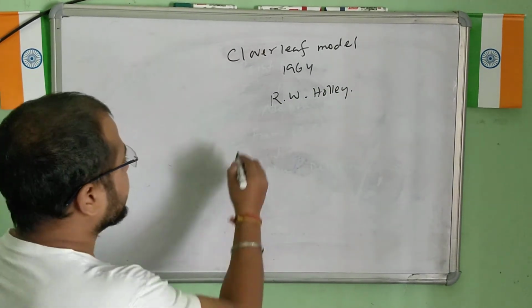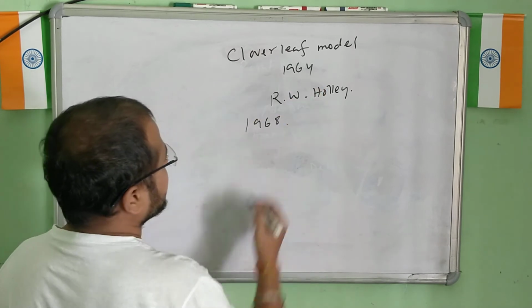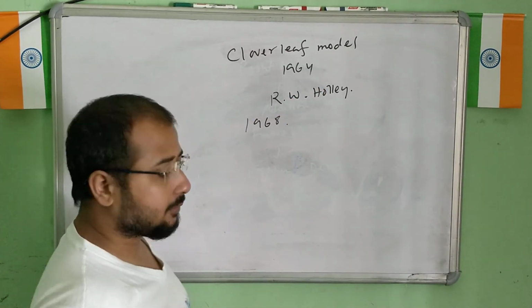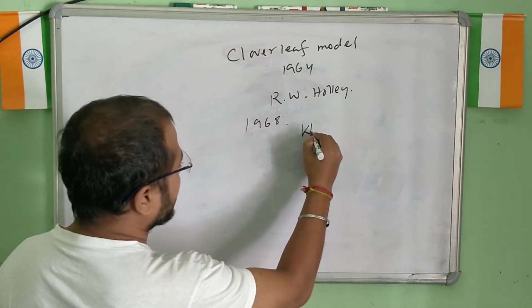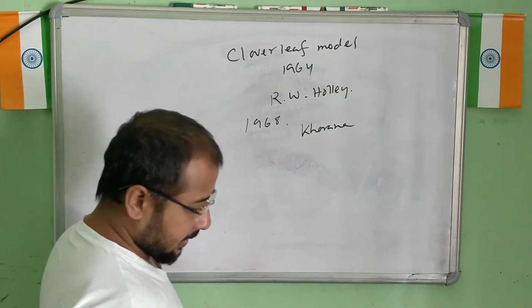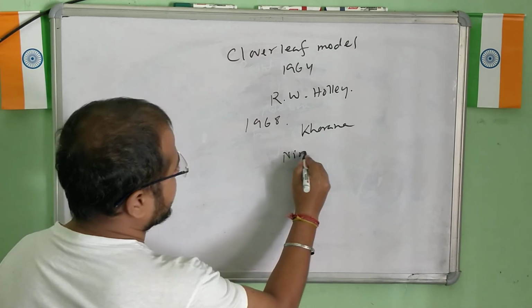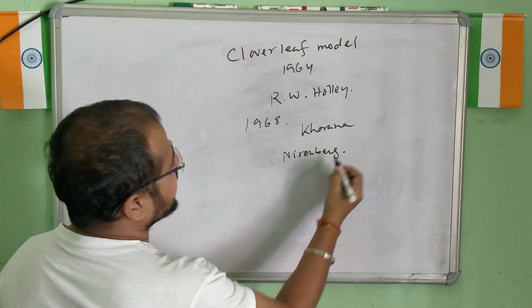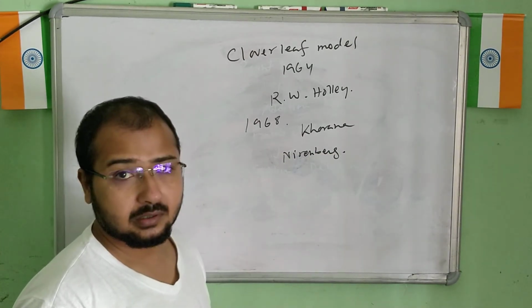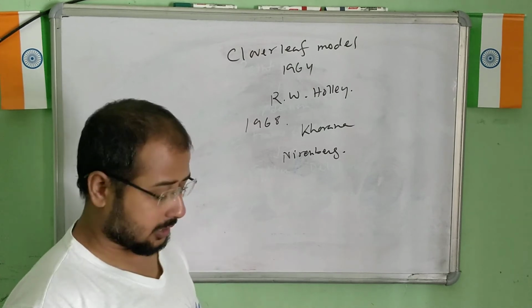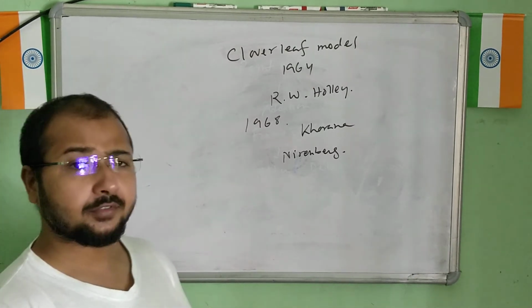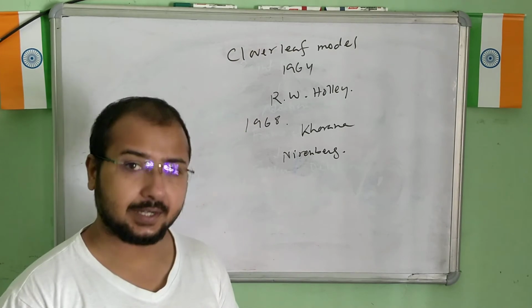And in 1968, because of this, R.W. Holley, then our Dr. Har Gobind Khorana, and the scientist Nirenberg, all these three people got the Nobel Prize for discovering this clover leaf model of tRNA.